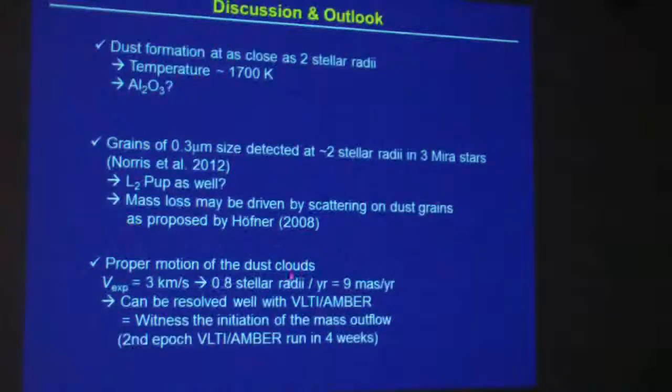Actually, we have the second AMBER imaging run approved in 4 weeks. So if the run is successful, then we might be able to witness the initiation of the mass outflow in normal red giants. So I would like to thank the ESO team who supported this beautiful AMBER observation. Thank you for your attention.